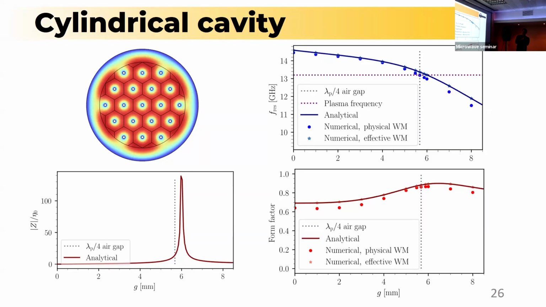There is a value at which the resonant frequency equals the plasma frequency of the wire medium. And if we consider the form factor, we also see an increment of the form factor in comparison to the typical case, with respect to the optimal case in which the air gap is equal to λ/4. Yeah? So those are some preliminary results.